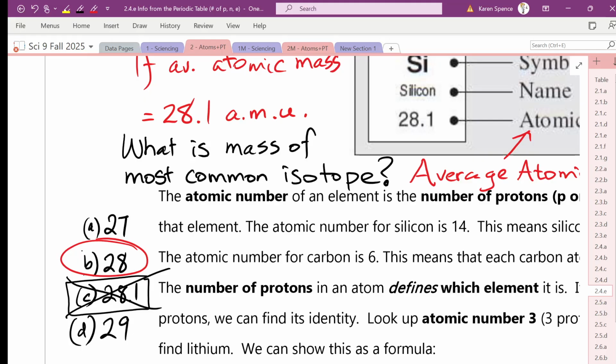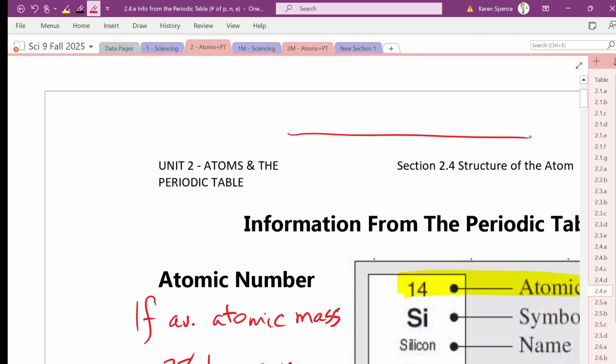On a number line, 28, 29. 28.1, 28.2, 28.3, and so on up to 29. So 28.1 is bigger than 28, so you would have to have some silicon 29 in there as well. Okay?